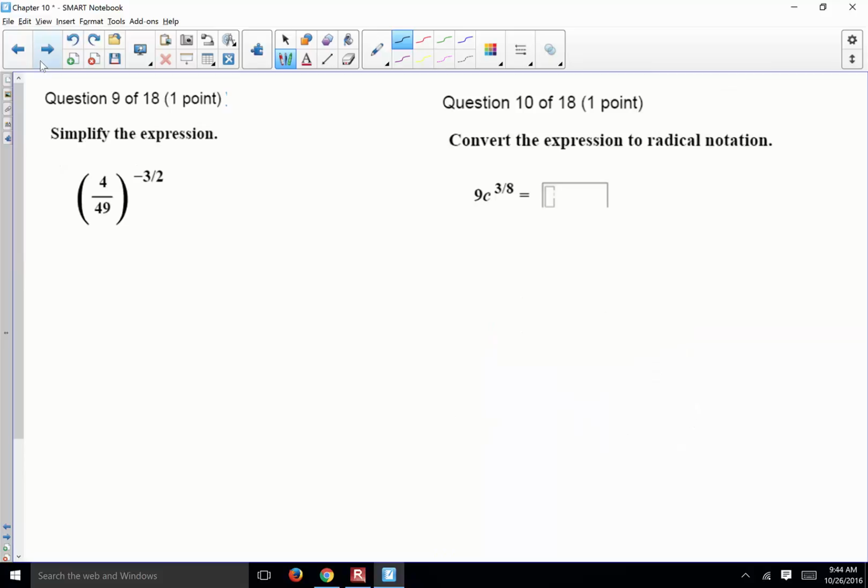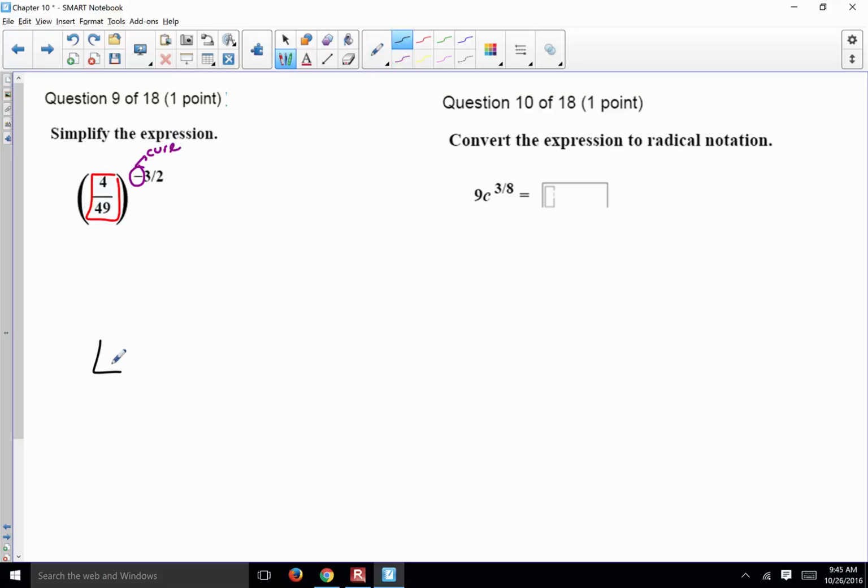Okay, one more question. What is different here on number 9? Fraction. For the first time, the base is not a number but a fraction. But the idea is the same. We need to cure this minus sign.